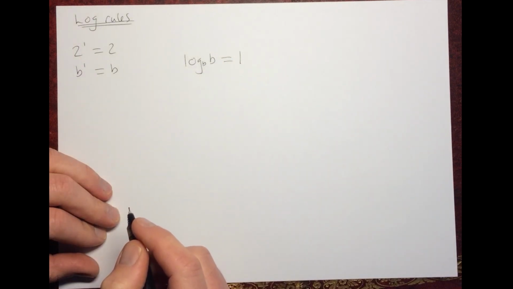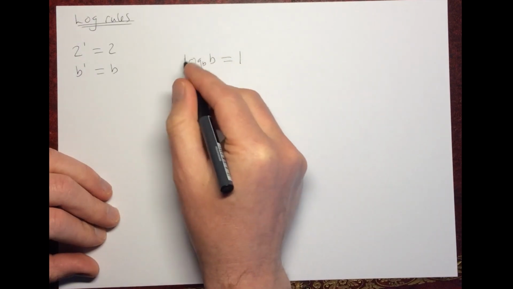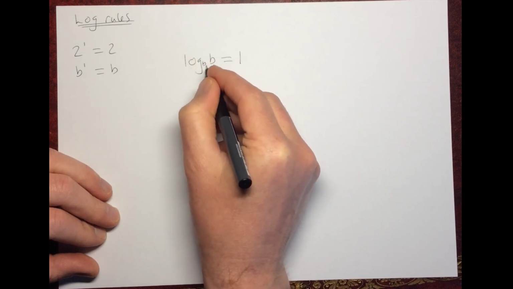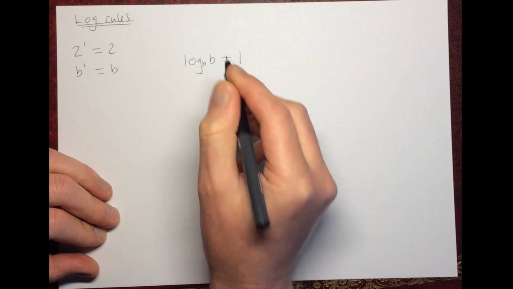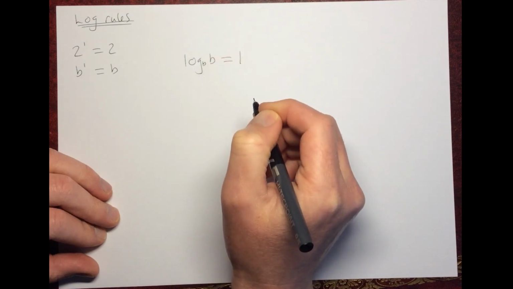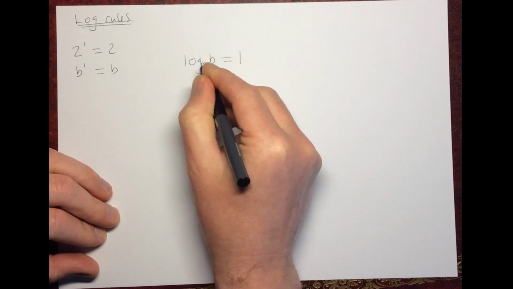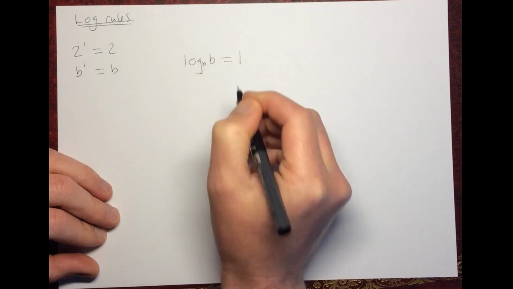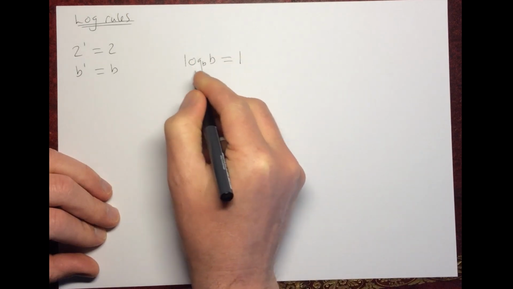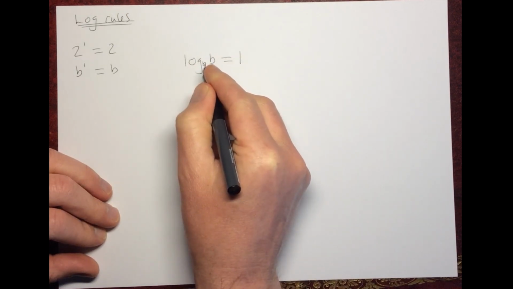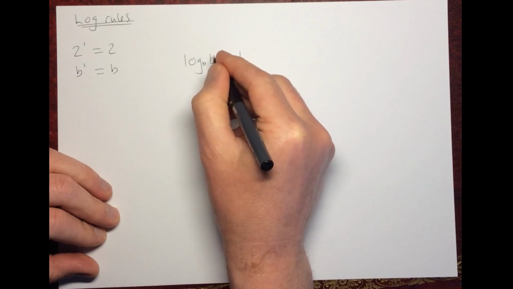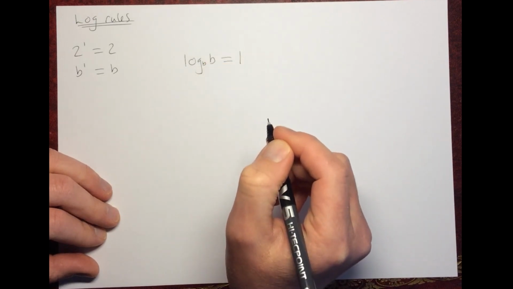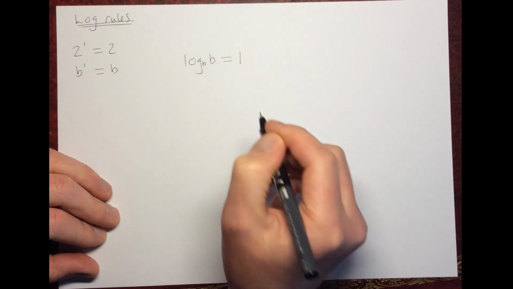Whenever we're doing a log, we're asking the question, what value do I have to raise the number in the base to in order to get this answer here, b? So what value do I have to raise b to in order to get b? Well, it's 1. So whenever you log a number which is the same as the base of the log that you're using, you get 1.